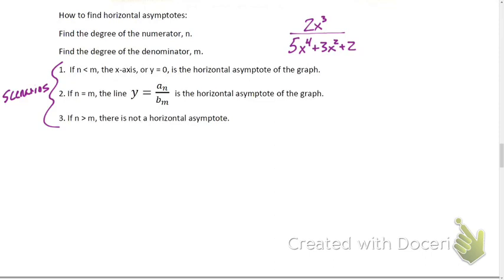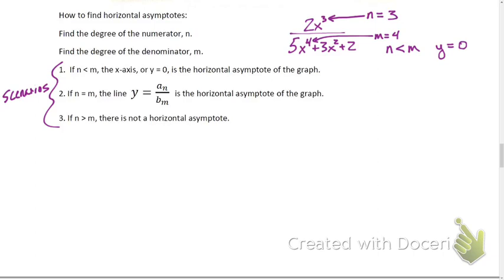So if we have something like this, right there is the degree of the numerator, which we're going to call n for the horizontal asymptotes. And this is the degree of the denominator. So this fits with scenario 1 because n is less than m. So that means you have a horizontal asymptote at 0.